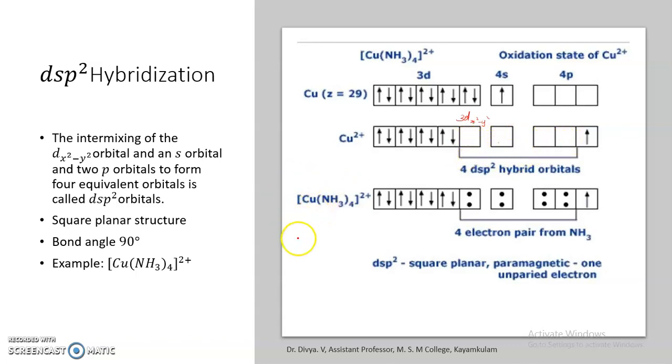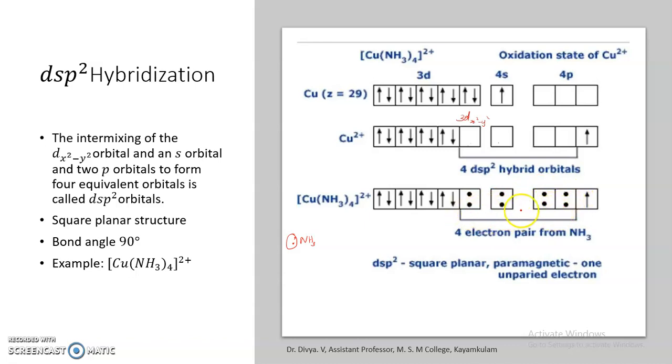Ammonia contains a lone pair of electrons, and this lone pair is donated into the empty orbitals, forming a coordinate bond with the Cu2+ ion. These electrons are contributed by the ammonia molecules: this one by one ammonia, another by another ammonia.